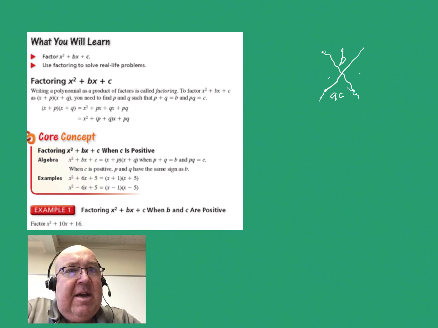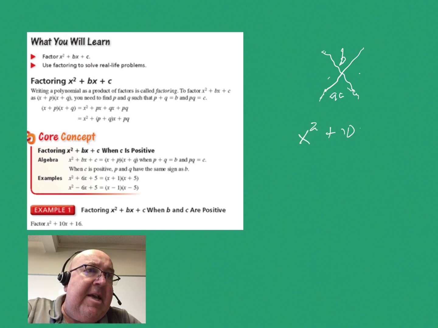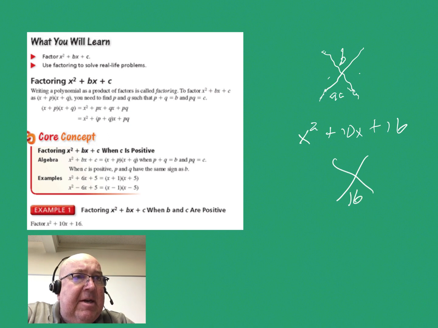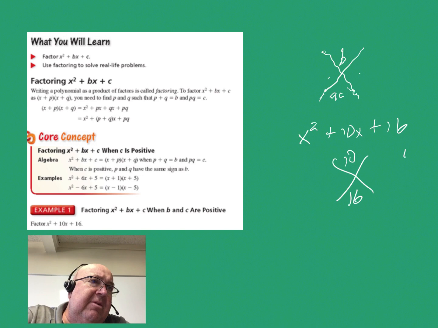So here I have x squared plus 10x plus 16. So here I have 16, here I have 10, and I want to start thinking about numbers that multiply and equal 16.